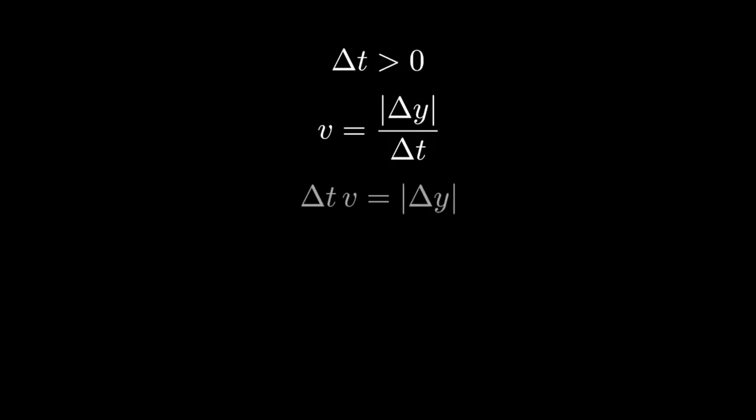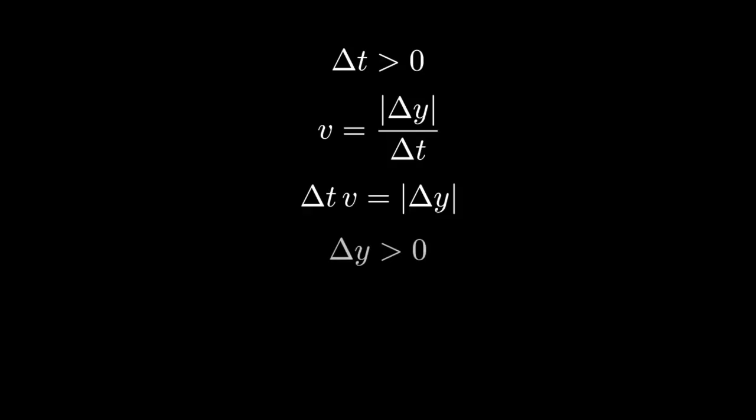In this case, we have delta t greater than 0. And recall that the speed v is equal to the absolute value of delta y over delta t. Let's assume that the speed needs to be greater than 0, which we normally do. If delta t is greater than 0, then we can multiply both sides of the speed formula by delta t to get delta t times the speed v is equal to the absolute value of delta y.